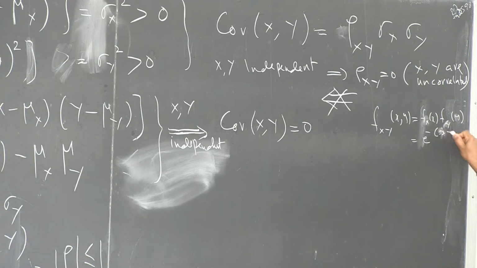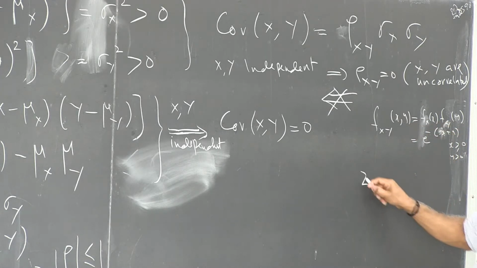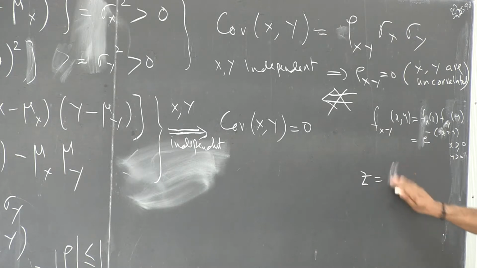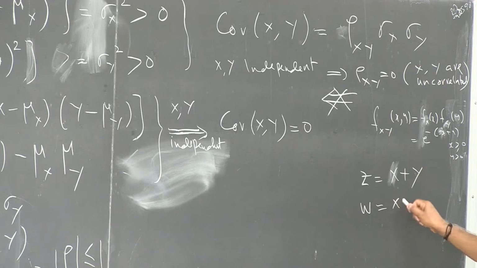So let's say e raised to minus (x plus y), x greater than 0, y greater than 0. Of course, x and y are independent. What I'm going to do is create two random variables. This works all the time. I'm going to show that these two random variables are uncorrelated but not independent.